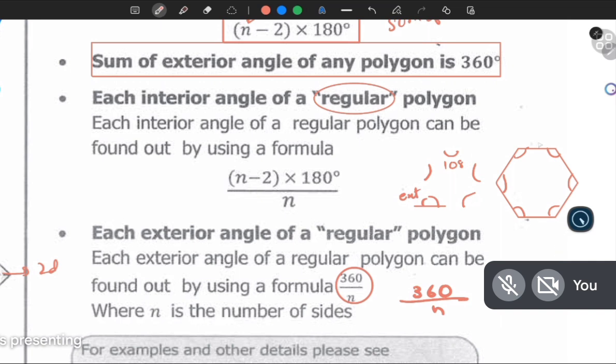Now coming on to regular polygons, right? Regular polygons are where this side is equal to this side is equal to this side, all sides are equal in size.